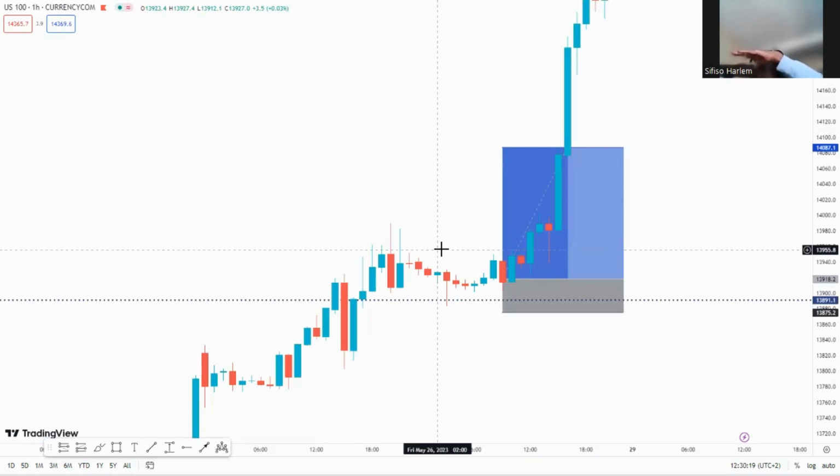If price breaks below our lows and still trades below our lows, failing to break above our lows, this indicates that price might be looking for a potential continuation further to the downside. So, a breakout and a retest, people.